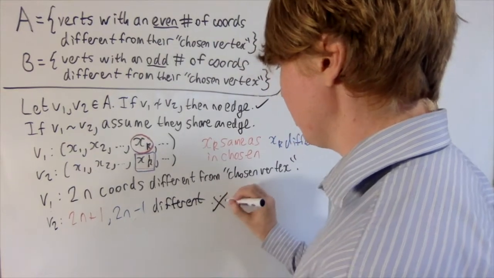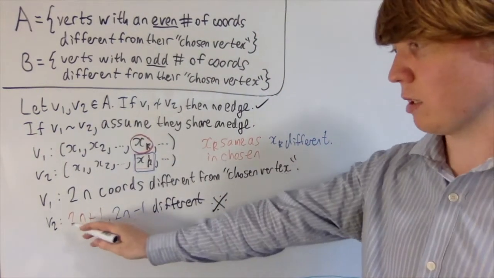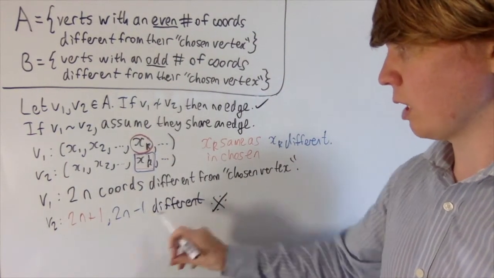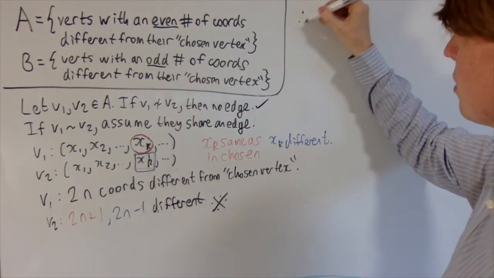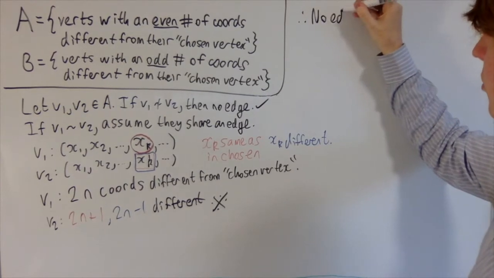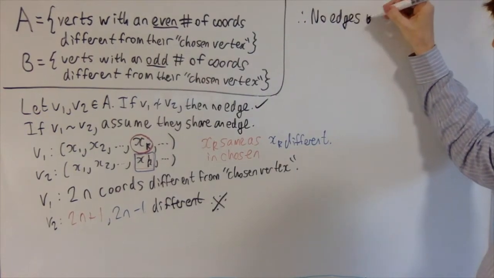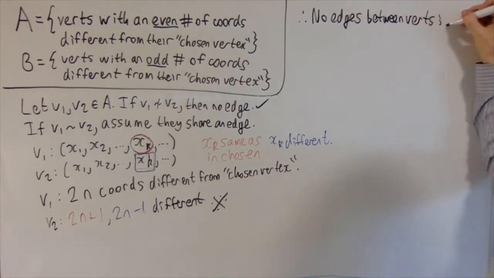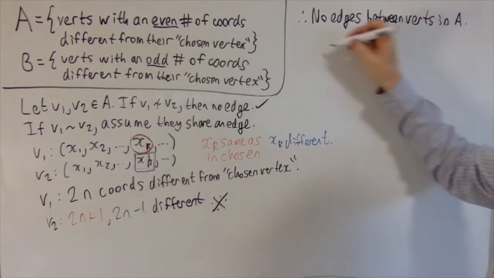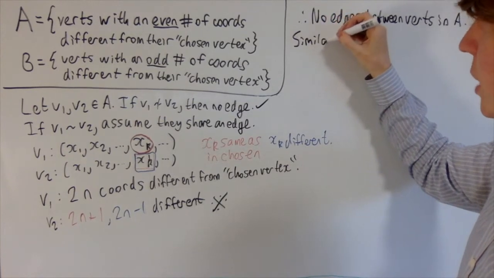And of course this is a contradiction because V2 has to have an even number of coordinate entries which are different from the chosen vertex. So that tells us there are no edges between vertices in the set A.